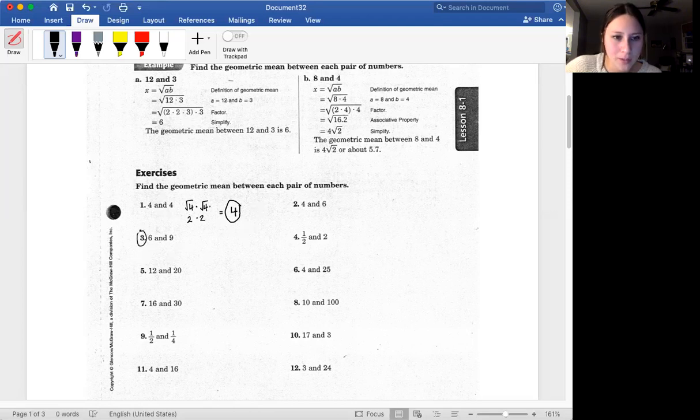Let's look at number 3. So we could do 6 times 9, and that would be the square root of 54. Let's find that as a decimal. Let's plug that in.